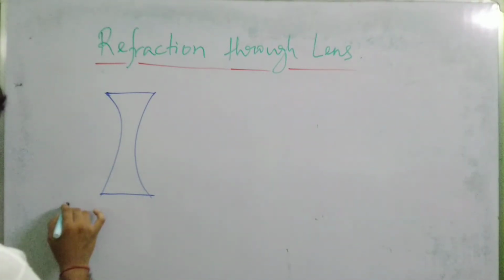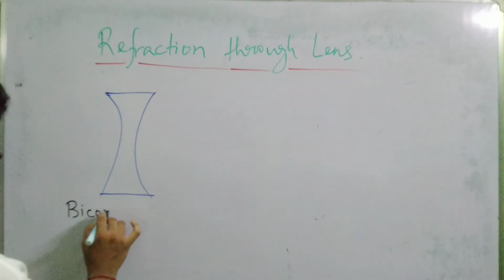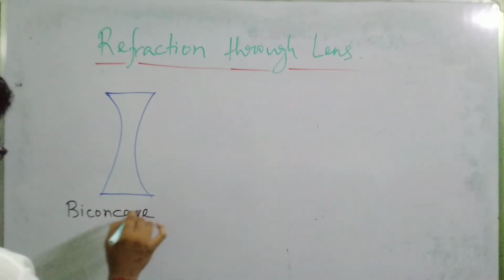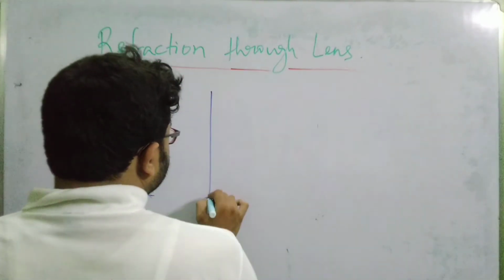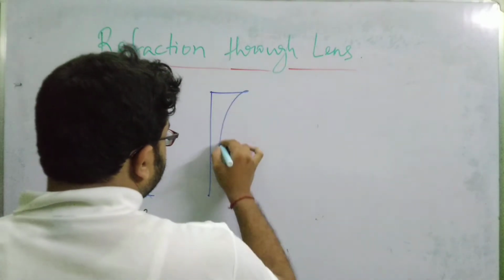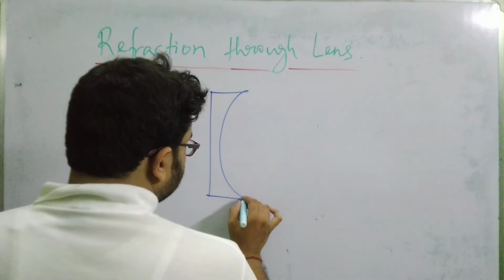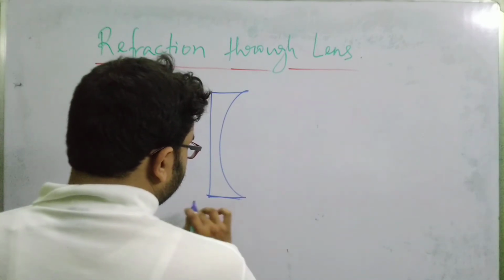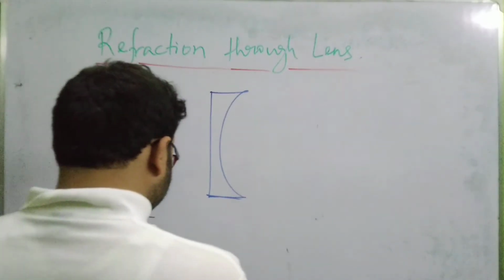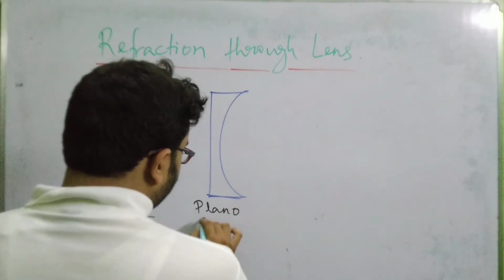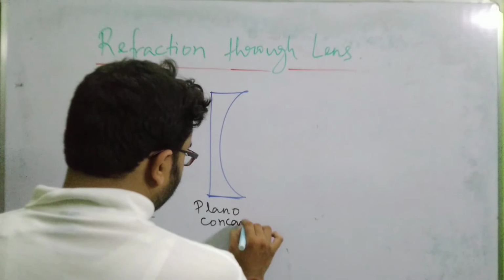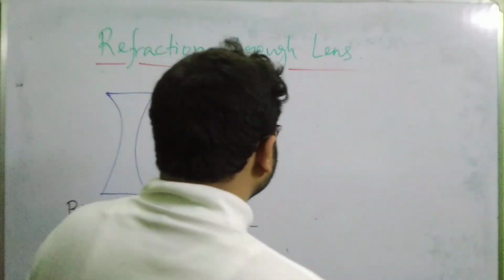So this kind of lens is called a biconcave lens. Next, if one surface is plane and one surface is concave, this kind of lens is called a plano-concave lens.